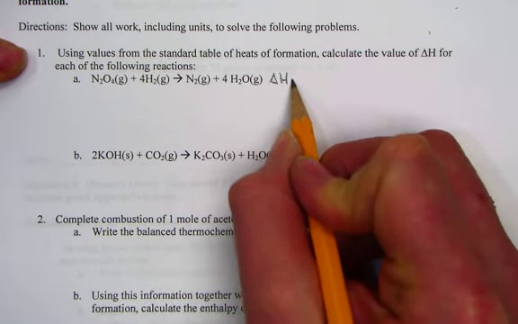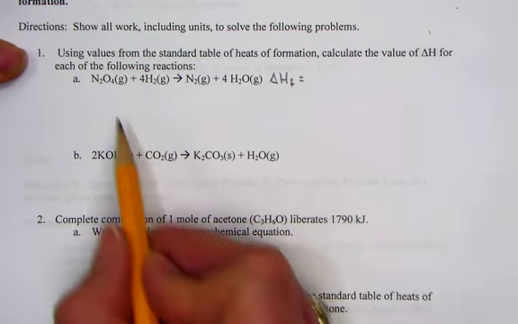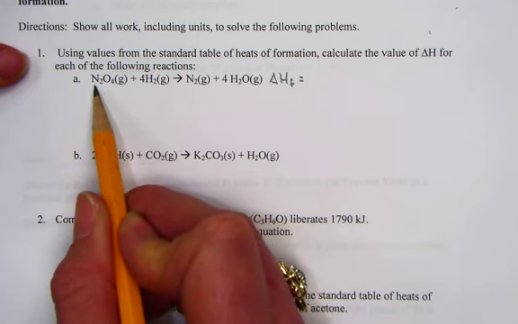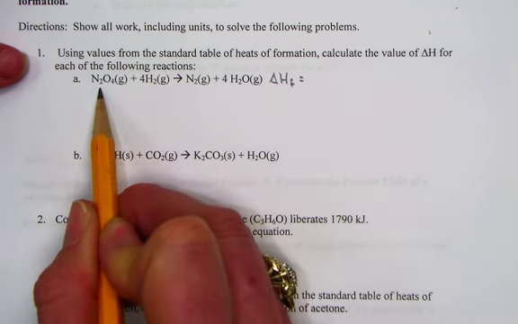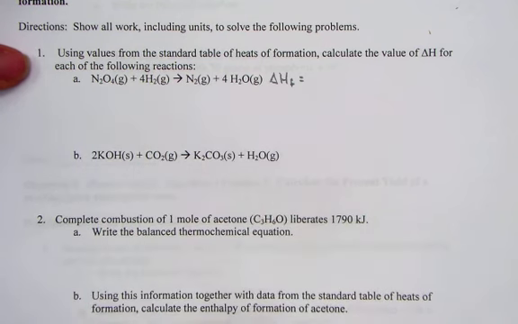We'd like to know the delta H of formation for this reaction. Products minus reactants. Let's begin by using our Appendix C, the thermodynamic values of each of these reactants and products. And I'll simply look them up and record them one at a time as a tabulation under each ingredient.